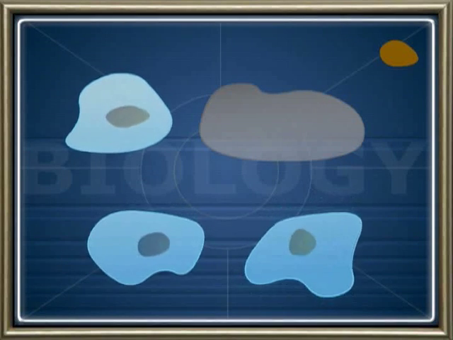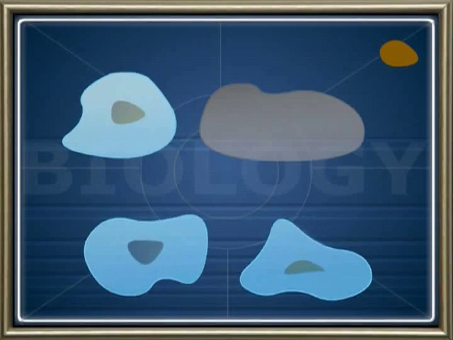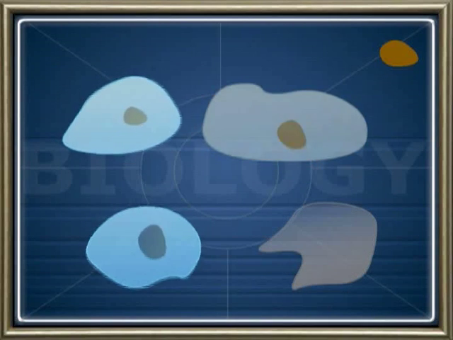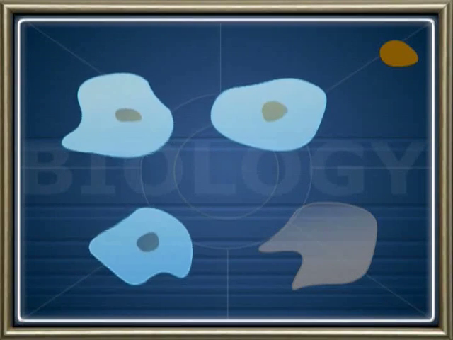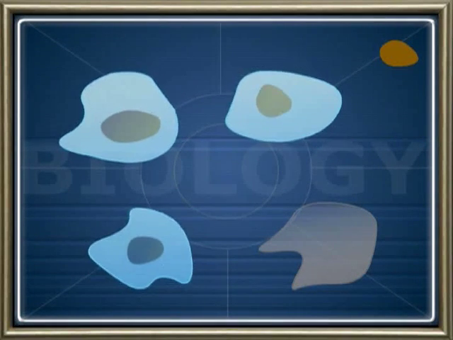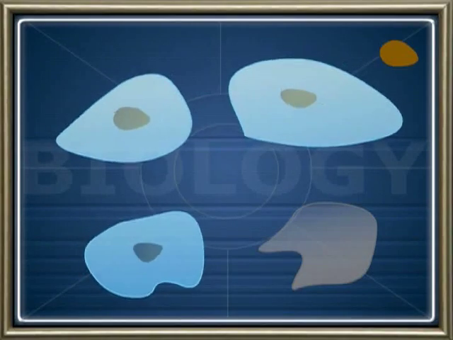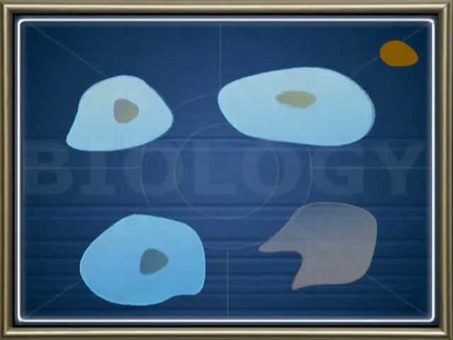If a nucleus is removed from one amoeba and placed into another, the one which receives nucleus survives and the one without the nucleus dies. This proves that nucleus is the most important and essential part of the cell.